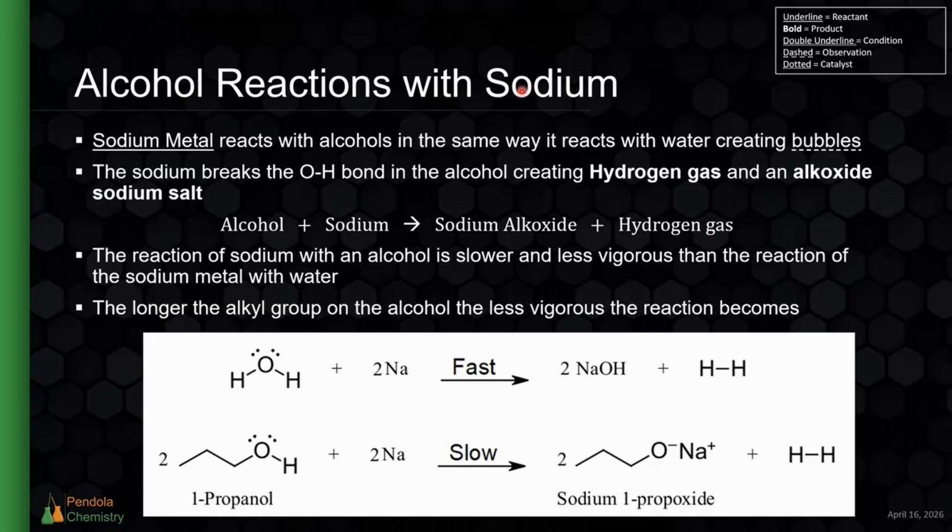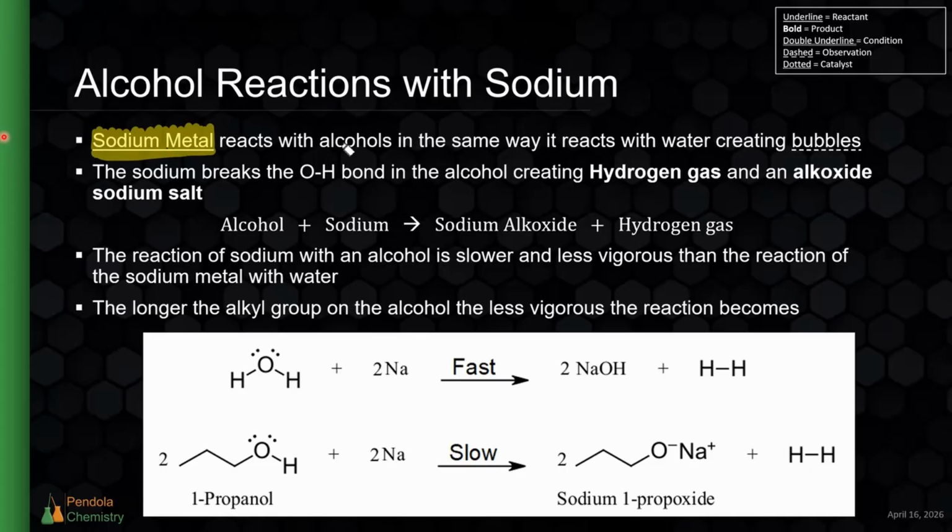But let's look at this reaction. So alcohols can react with sodium because of their acidic nature. Sodium metal, which we often call an active metal or a reactive metal because it is in group 1 and it reacts very violently with a lot of things. So sodium metal can react with alcohols where the alcohol will act as an acid.